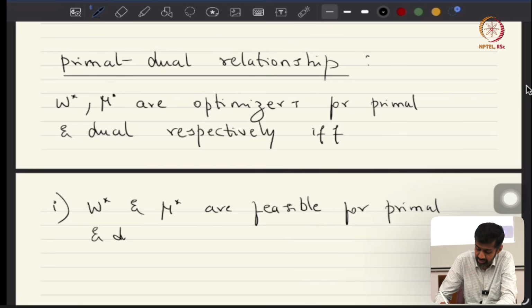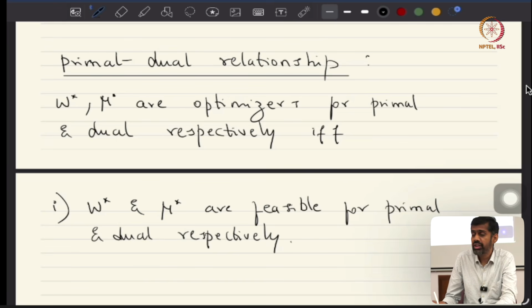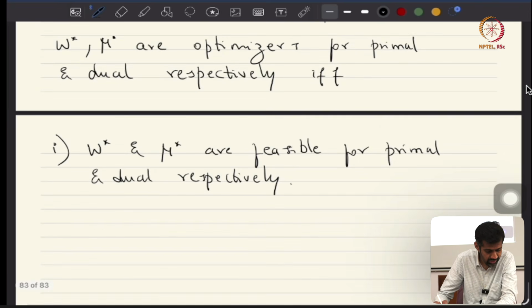I didn't define feasibility. Feasibility means that you take that particular value and all the constraints are satisfied with that. So both of these have to be feasible.